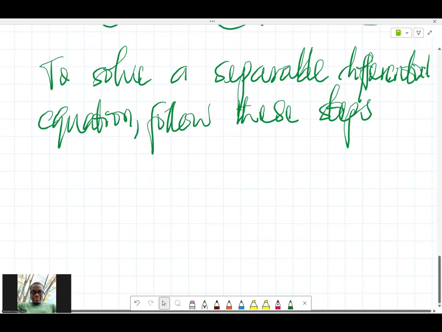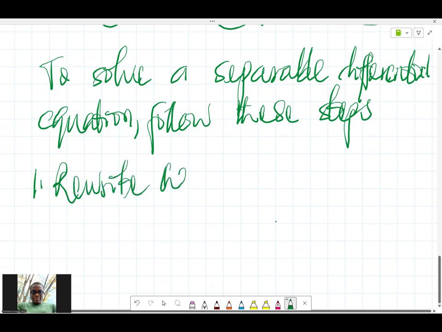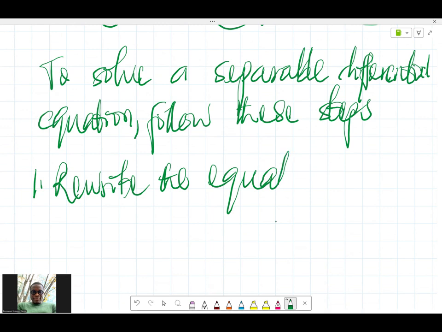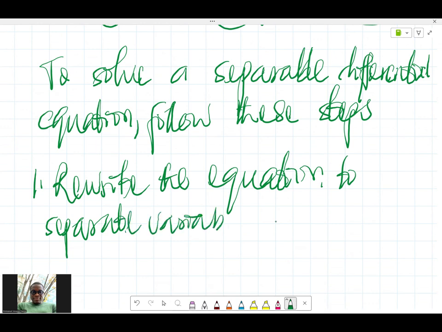The first thing is you rewrite the equation to separate variables x and y.